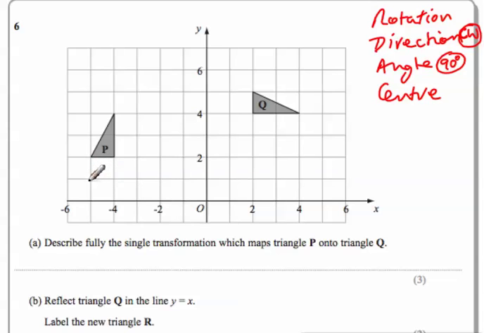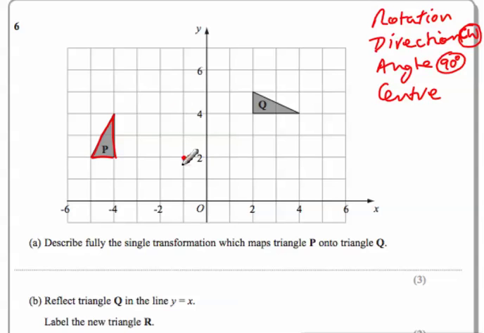And you put the tracing paper on the paper, you trace over the shape, the original shape, which in this case is P, and then you put the point of your pencil or your pen on the paper where you think the center of rotation is. It's just guesswork. I mean, maybe you think it's here.